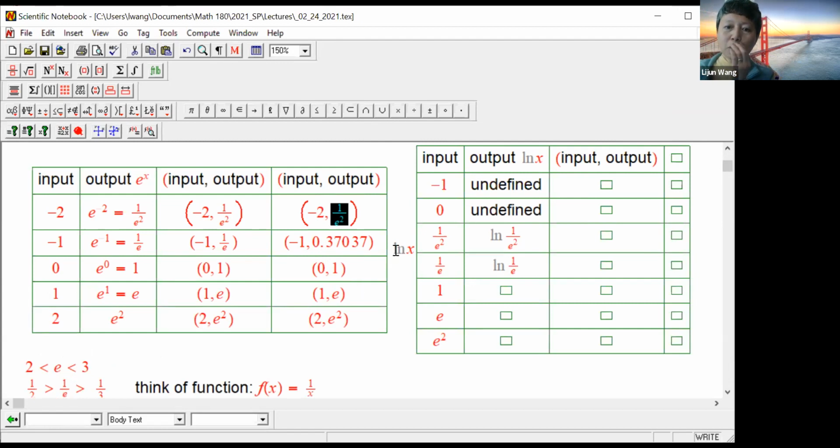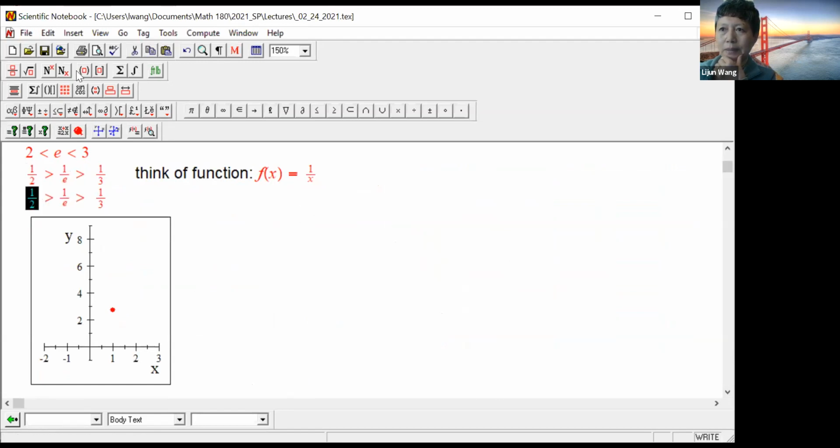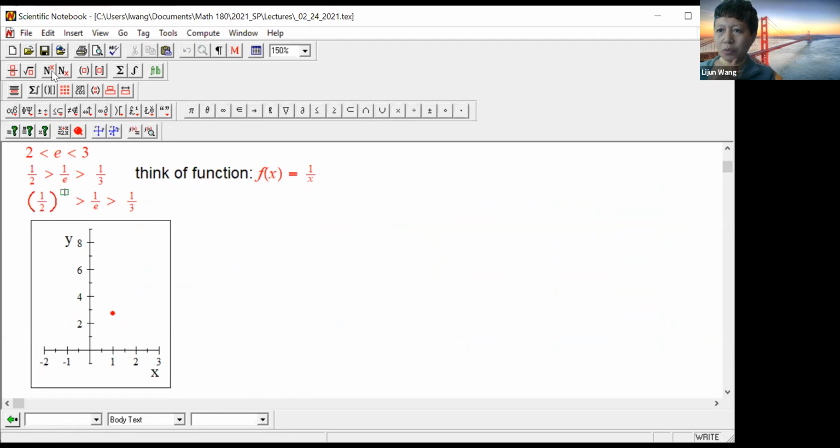So for the same idea, you can figure out what is 1 over e squared. What is 1 over e squared? If you square every side like this, okay? I want you to put away your calculator. Really do this with me.